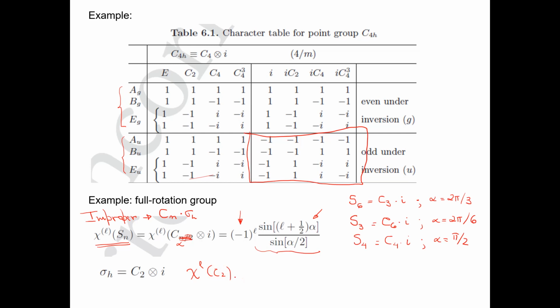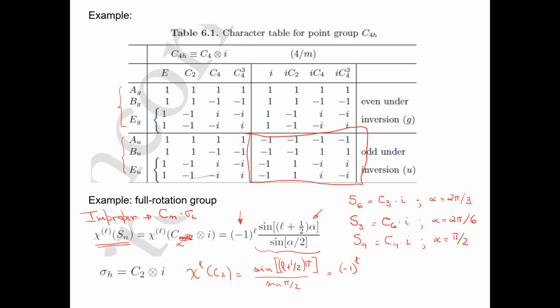So a rotation by pi, right? So this is the same formula. This is the sine L plus 1/2 pi divided by sine pi over 2, which is 1. So this is -1 to the L.